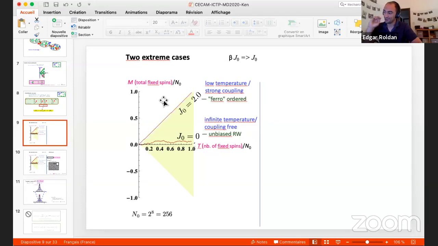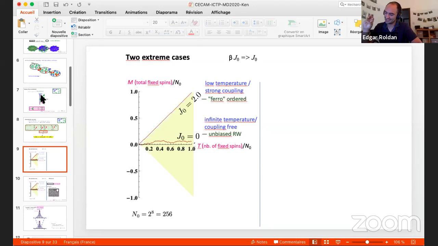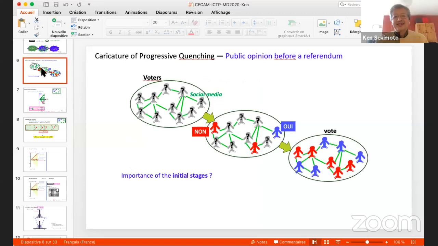Could you try to explain to the audience how these results are translated in the language of this referendum image that you gave? So I suppose that the social media and also public temporary enquete is given often frequently enough.